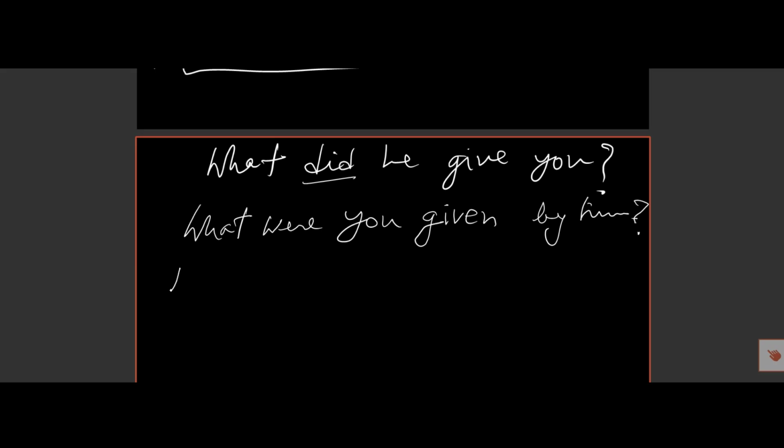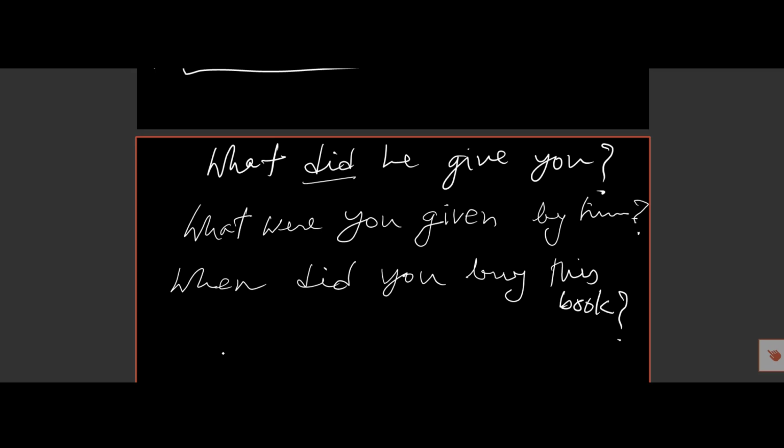And we can see another example. When did you buy this book? So we must begin such a sentence with when, the passive voice with when, and then did is the auxiliary verb and it is in the past indefinite, so we must use was or were according to the object and the person. So this book will be here, and this book is third person singular.